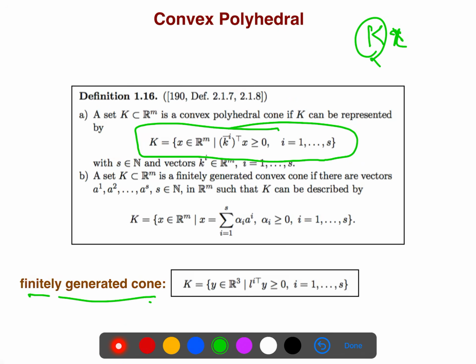Unlike the ice cream cone, which needs an infinite number of rays to generate it, so the base is infinite. But polyhedral cones are finite. You just need a finite number of base vectors or rays in order to generate the whole space inside this cone.